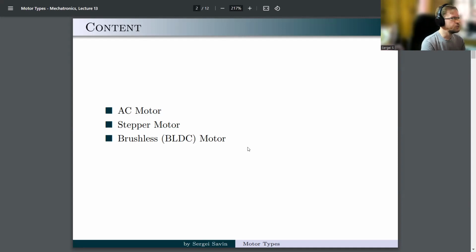Last lecture we looked for possible future innovations; here we just look for basic background knowledge. We want to understand which motor does what, right?